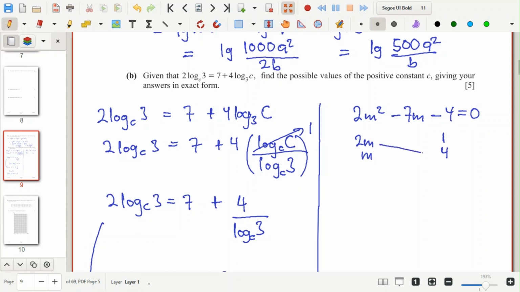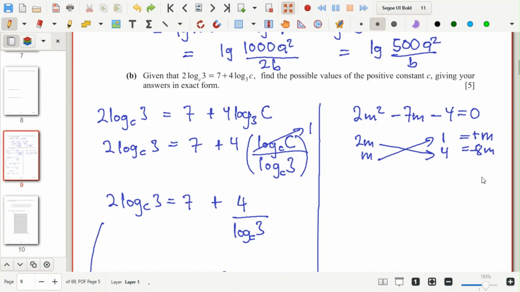So when I cross multiply this, I'll get 8m. I cross here, I get m. What can I do to these two numbers to get the middle term? When this side is negative and this side is positive, I should get negative 7. That's the middle term.